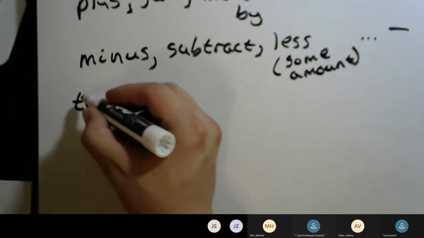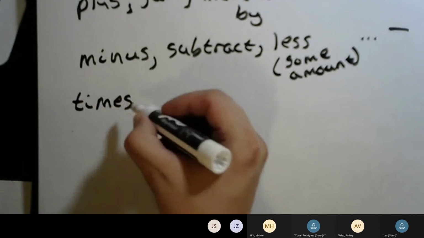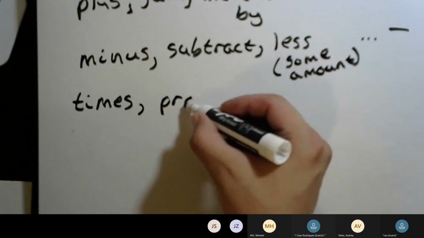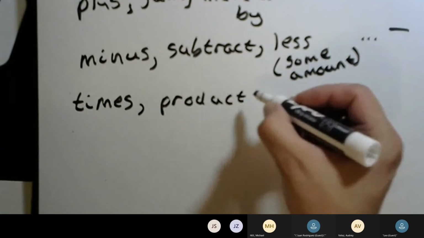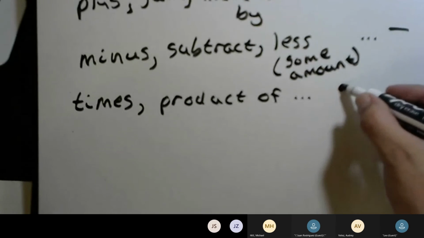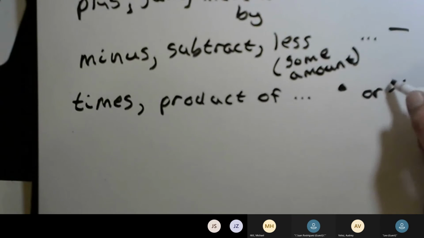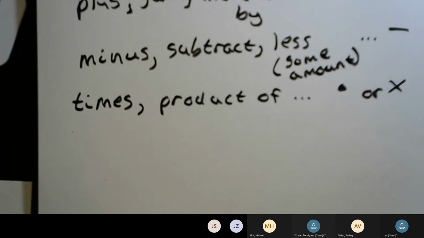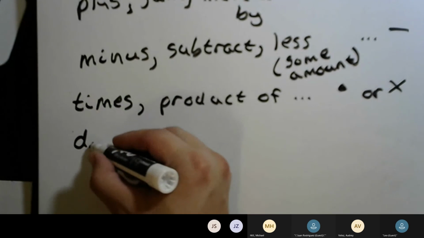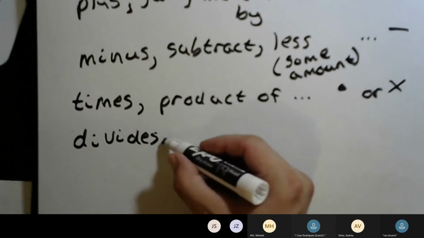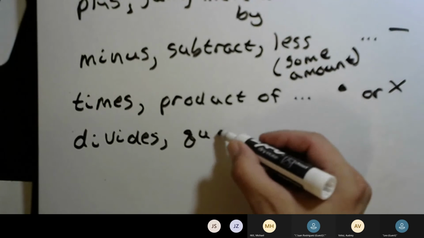You have times, product of. This is going to be multiplication. There's the x multiplication. Divides, quotient.